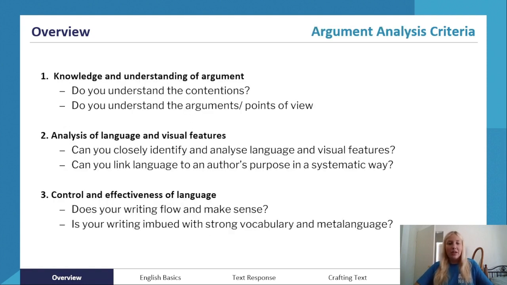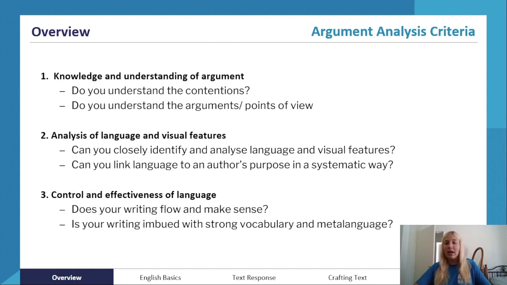Now, argument analysis criteria. You're looking at the knowledge and understanding of the author's argument. What are they trying to persuade their audience of with their, whatever it may be, opinion piece, speech. And you need to show that you understand that contention.